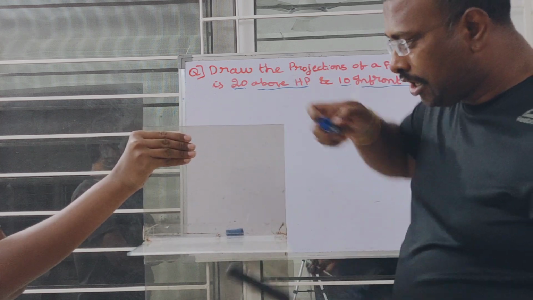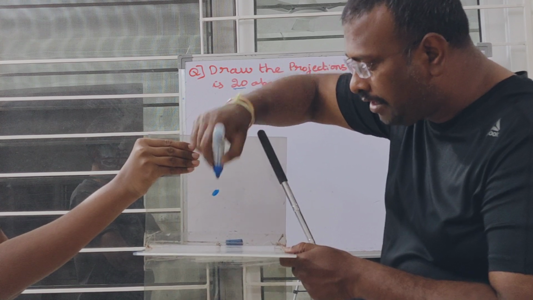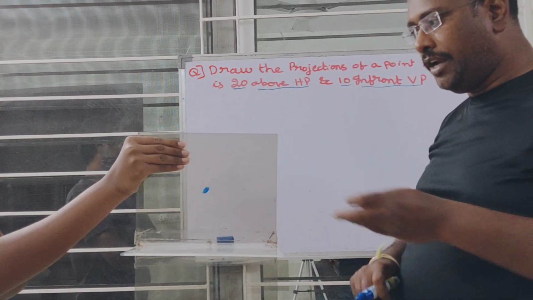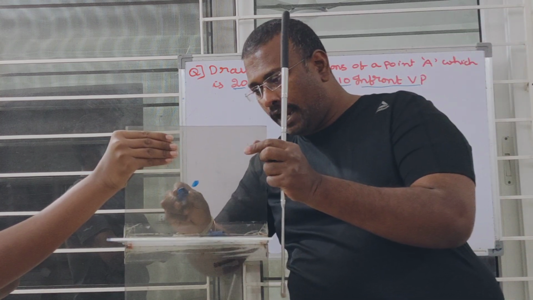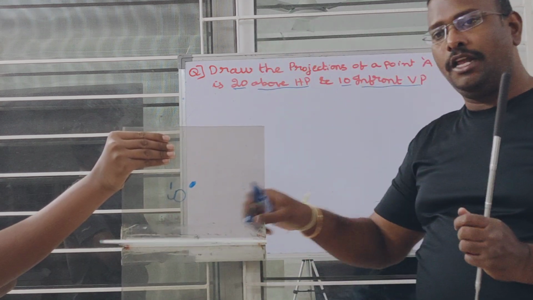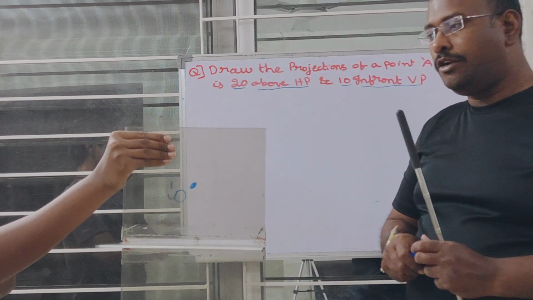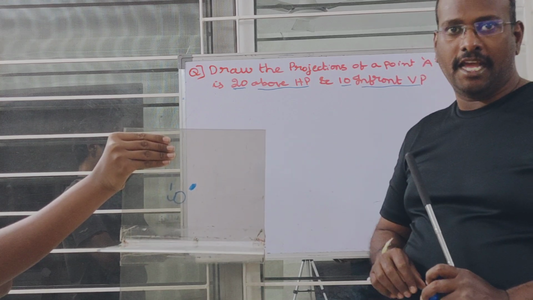This is the front view shadow. Therefore, the front view is going to be represented as small a prime, because you are already aware of it. Front view is represented with small a with prime. So this is a dash.